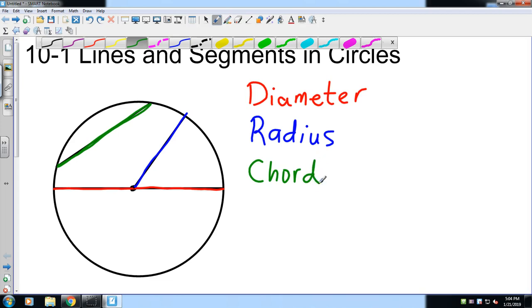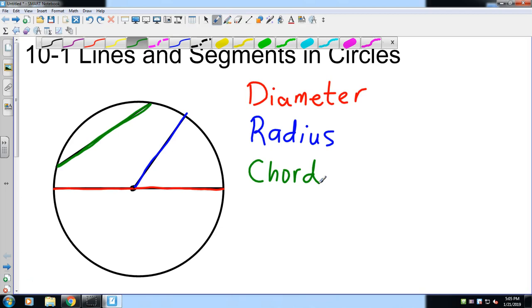Okay, a chord has its endpoints on the circle, but it does not go through, actually, it could go through. A diameter is considered a chord, so it just has its endpoints on the circle somewhere. A radius would not be considered a chord because it only goes from the center to the outside.